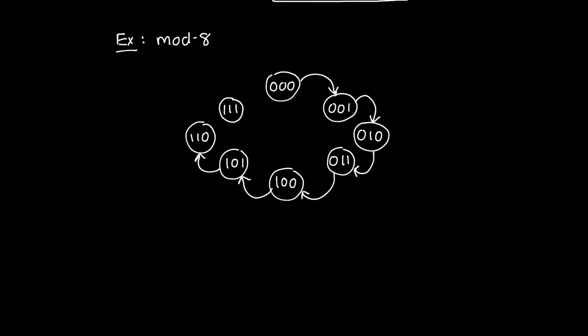Again, my arrows are just transitions that occur on the clock edge. So these are synchronous transitions, and this is my state transition diagram. Now the next thing I need to do is write what's called an excitation table.